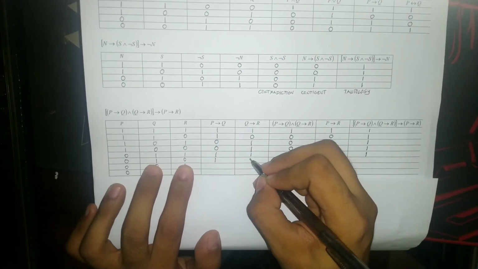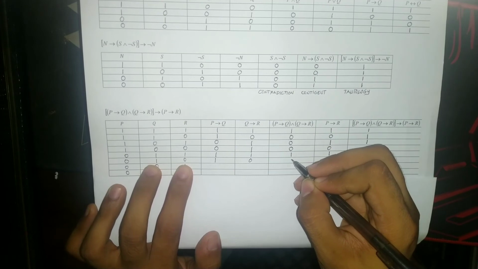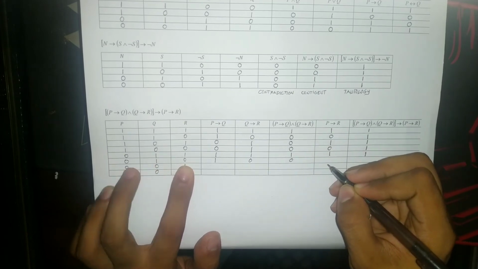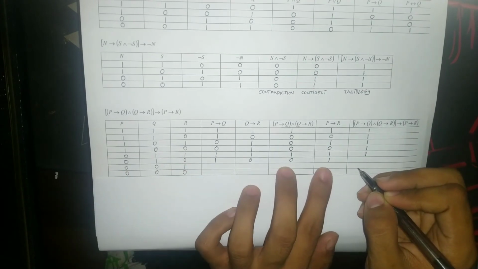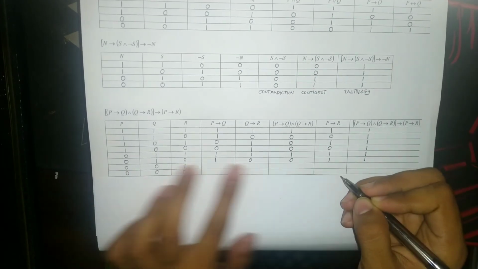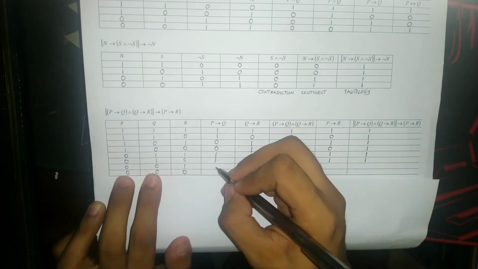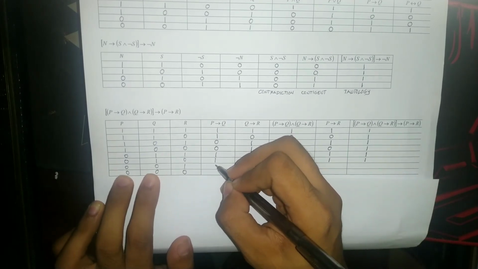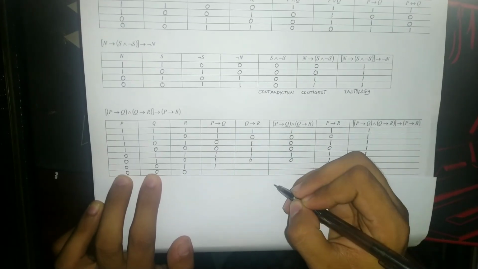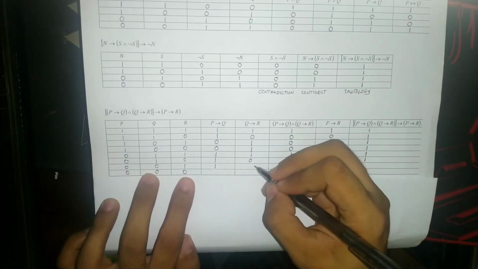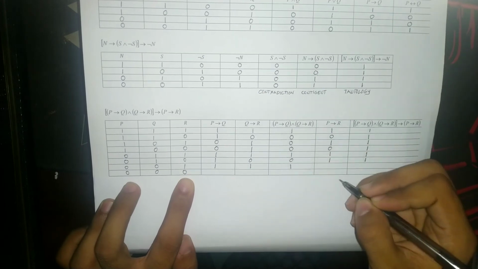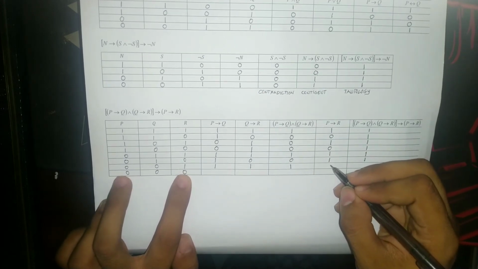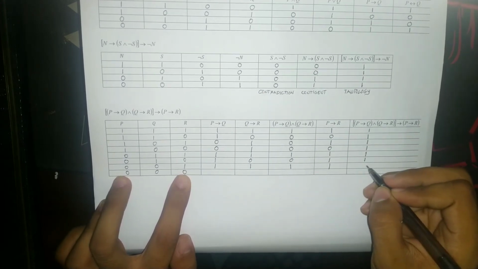That is 0. 1 and 0, 0. 0 implying 0, 1. 0 implying 1 is 1. 0 and 0, 0 implying 0, 1. 0 implying 1, 1. 1 and 1, 1. 0 implying 1, 1. 1 implying 1, 1.